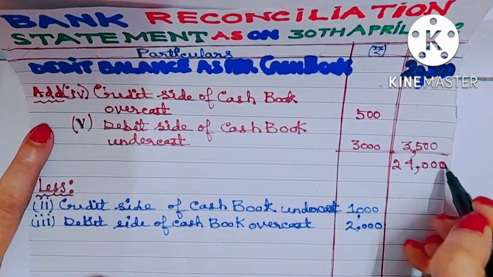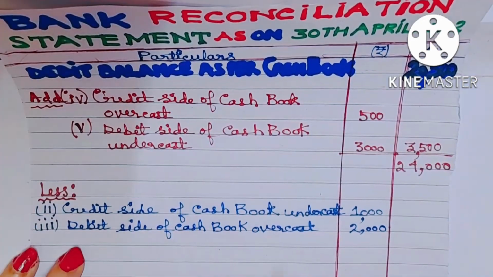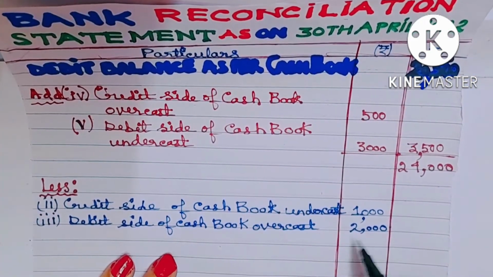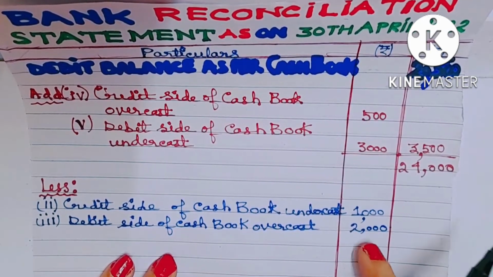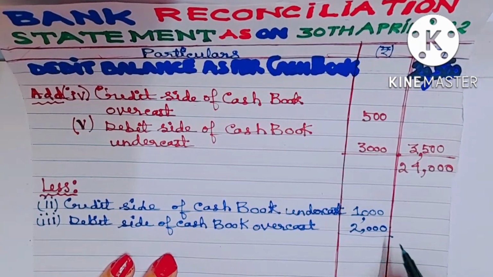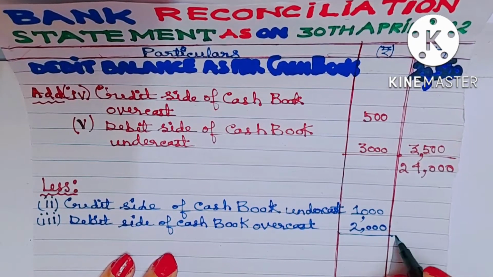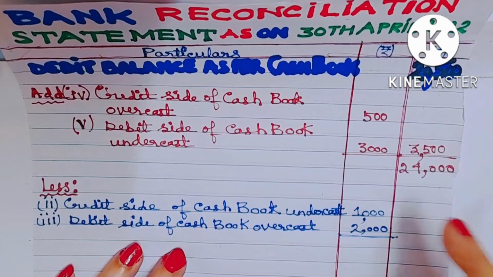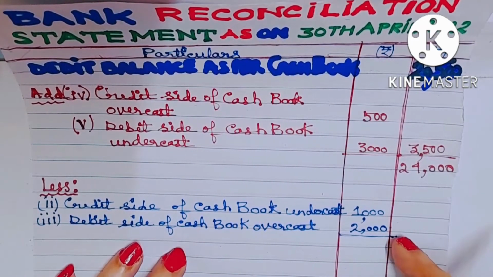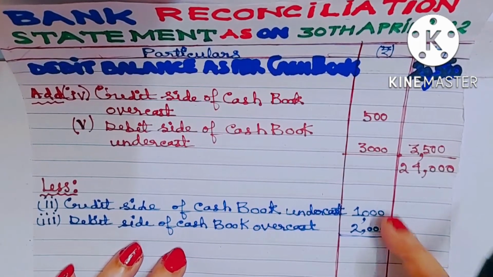Understood? So how many transactions do we have to deduct? Two. See, less. 1,000 plus 2,000. So we'll have to write in this column. Now let's add 1,000 plus 2,000, which will give you 3,000.